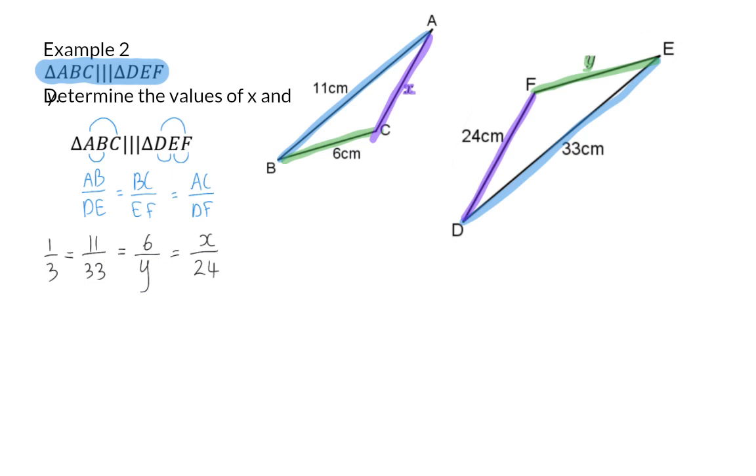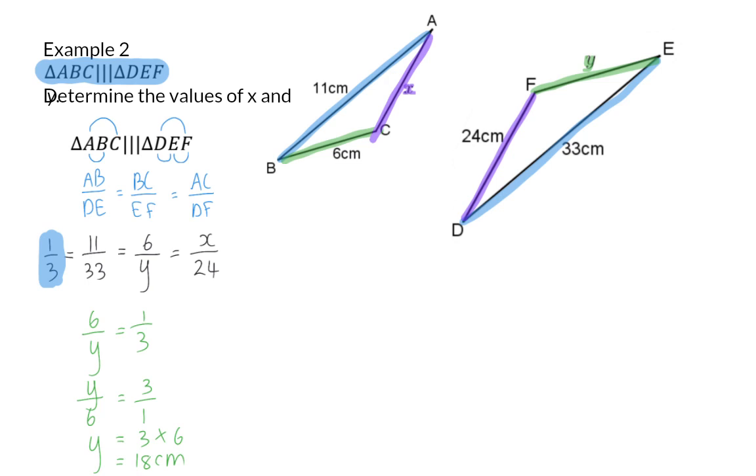To solve x and y, I'm going to set up 2 equations by making use of the simplified ratio of a third. So first off, I know that the ratio of 6 over y should be the same as a third. To simplify the algebra, I'm now going to get the reciprocal on both sides and say that y over 6 is equal to 3 over 1. Therefore, we know that y will be equal to 3 times 6, and that means it is 18 centimeters.